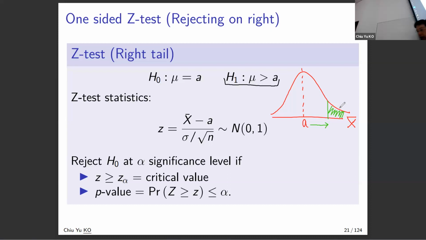And how large is too large? The larger than this, the smaller this area is. So we want this as small as possible. But how small? And actually, this is exactly the alpha, exactly the type 1 error.